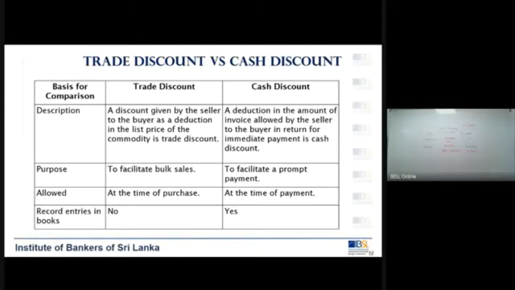Whatever cost you might have incurred to make the product available for sale, plus they would have added a little markup. Markup means the profit margin. So the price they have quoted here, the list price, is just a price for the customer or the consumer to buy. They have not recorded the 60,000 anywhere.